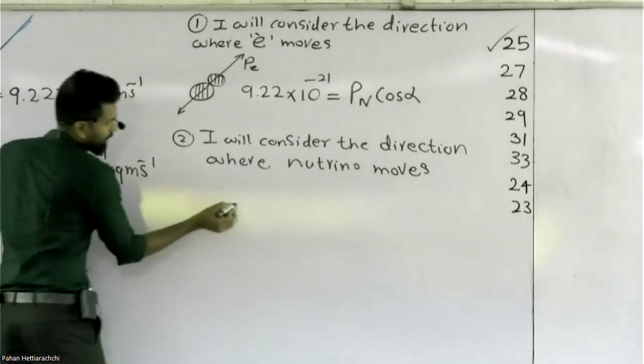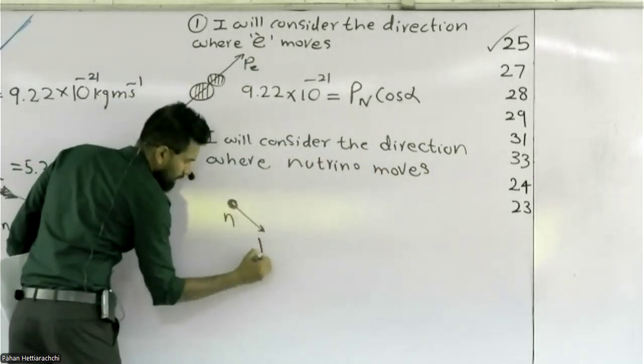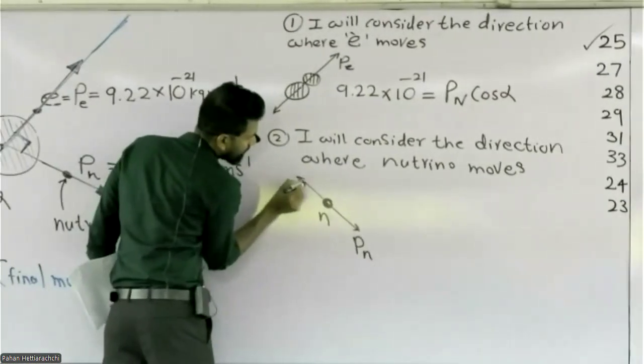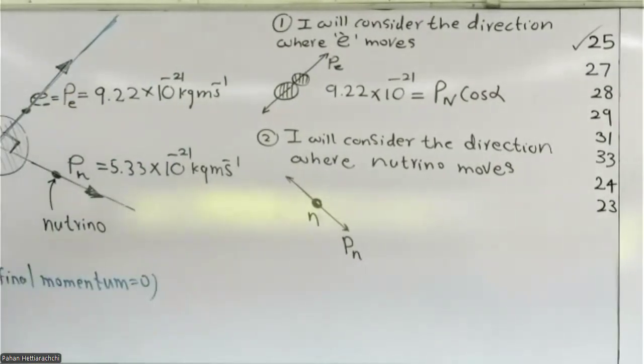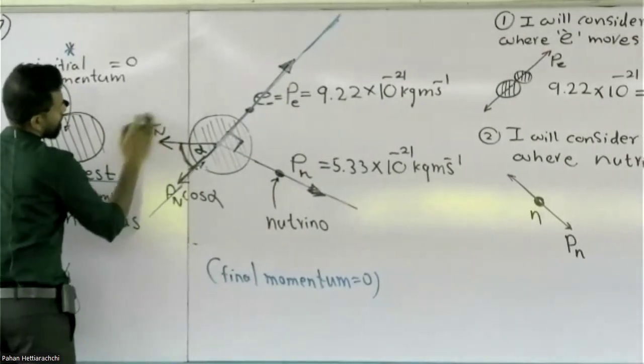In the direction where the neutrino moves, it has its momentum P simple N. It should be cancelled with the momentum created by the recoiling nucleus opposite to it.